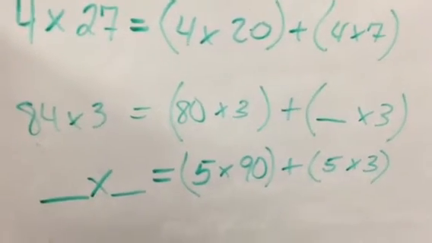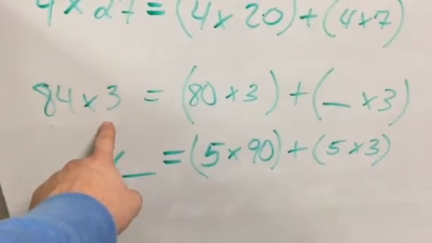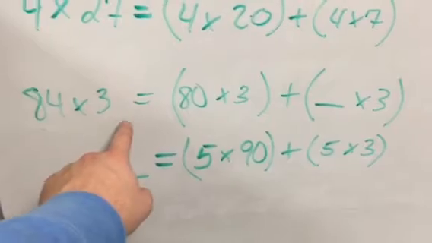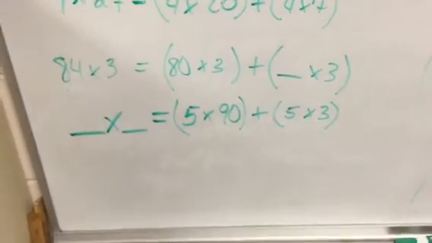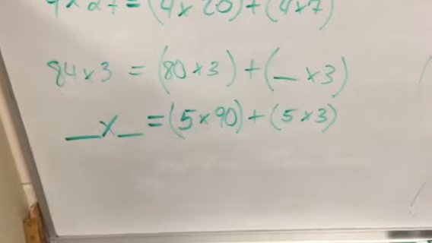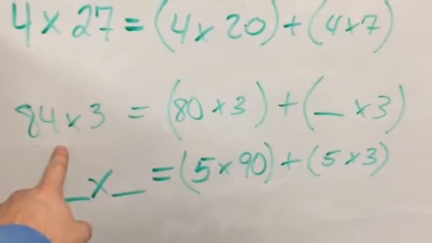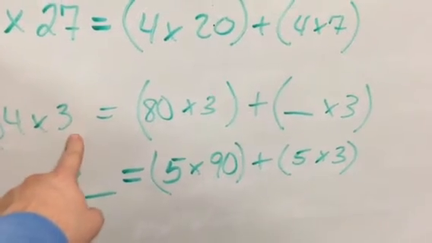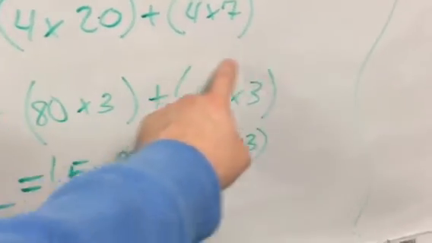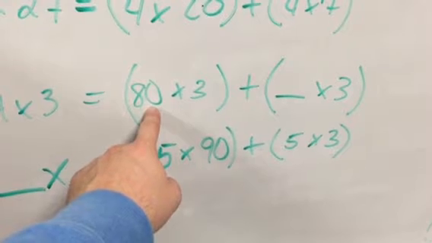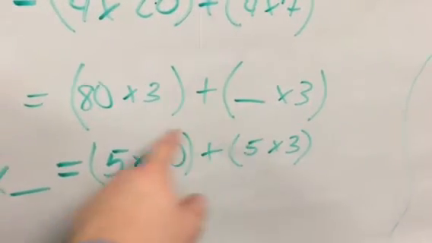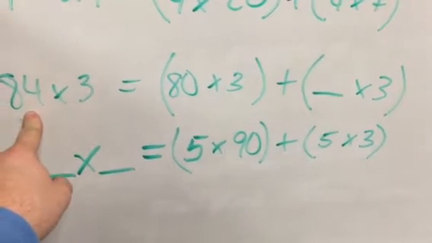Here's another way. You could see where it has 84 times 3 and it gives you all of this information, but there's a blank right here. This is how we would answer that blank. Well, my number is 84 times 3. So 3 is going to be the same in both of those. And then I have to have this number plus this number add up to that number.